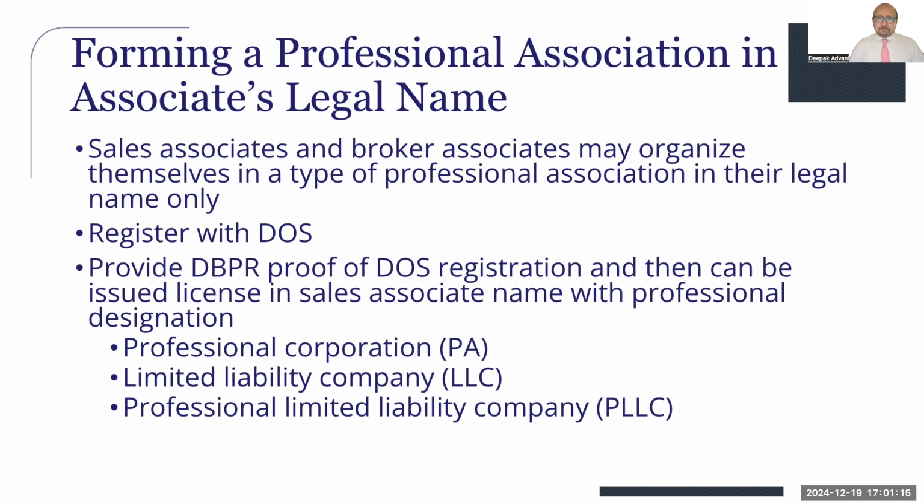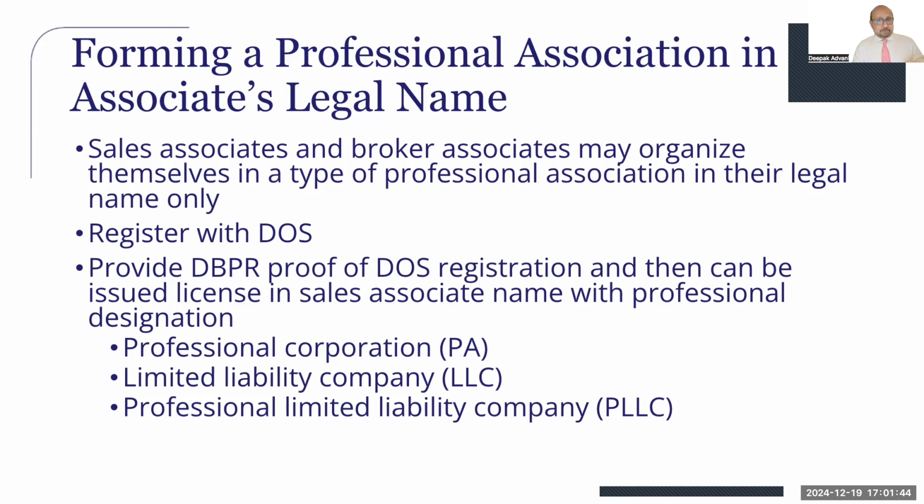So a sales associate may not be allowed to register themselves as a trade name, but they can form a PA, which is a professional association, in the associate's legal name. They may organize themselves as a PA in their legal name only. So if it's John Doe, the PA is going to be John Doe PA. It has to be registered with the Department of State.